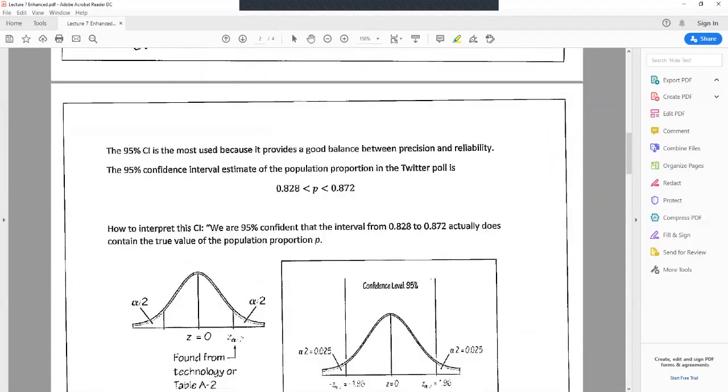A 95% confidence interval is the most used because it provides a good balance between precision and reliability. In fact, if you are not told in your problem sets which confidence interval to use, we will automatically default to the 95% confidence interval.